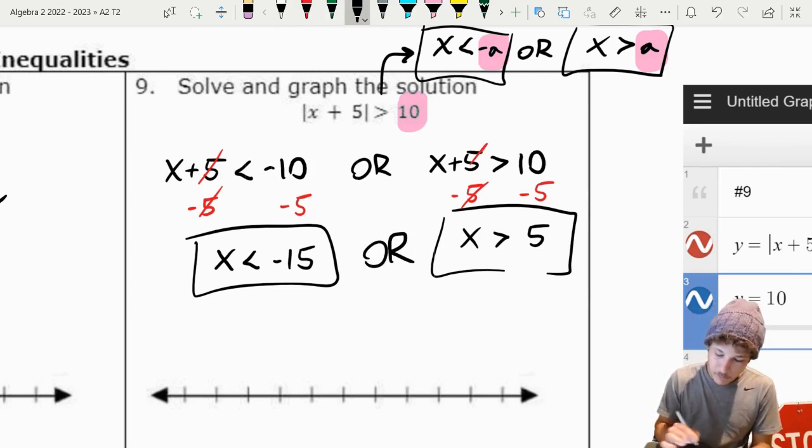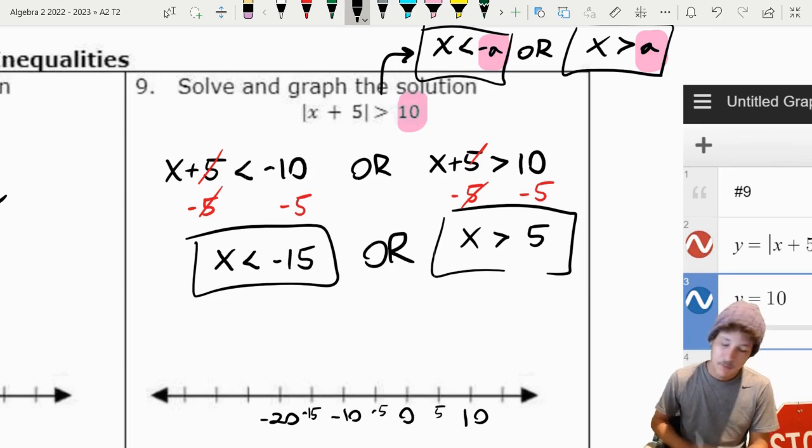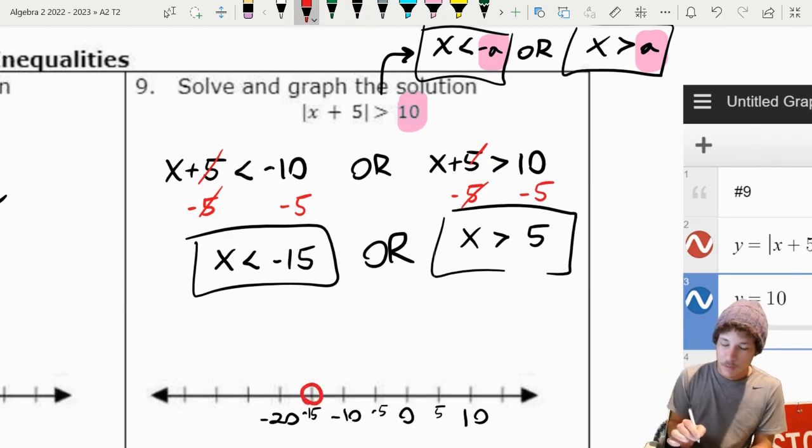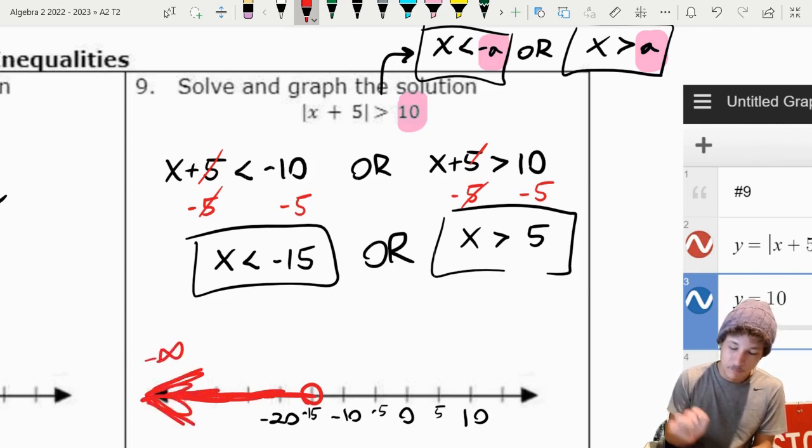And we could just do, let's see, I'll do negative 20, negative 10, 0, and then 10. I'm counting by 5s here. So we have negative 15, negative 5 right here, 5 right here, and so on. If we plot these points, we have x is less than negative 15, so I'm going to put an open circle, and I'm going to shade everything that's less than that, all the way to the left to negative infinity.